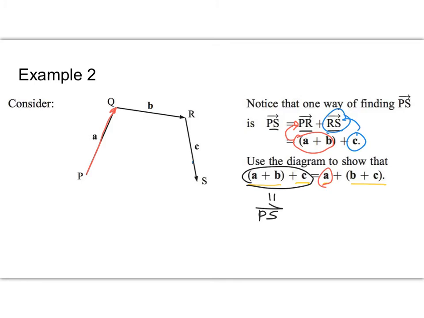So if I start at B and go to the end, and then I pick up C at the tip, I'm going to draw vector B plus C from the beginning of B, ending at the tip of C. So this is B plus C.